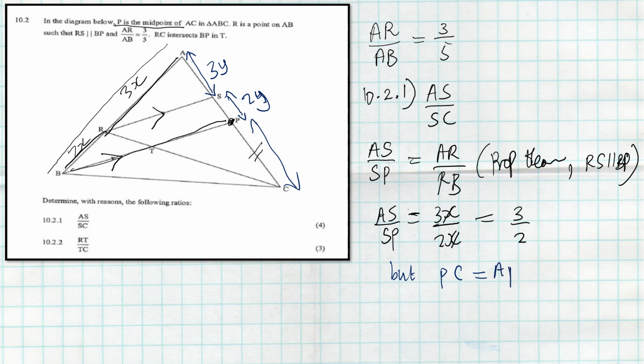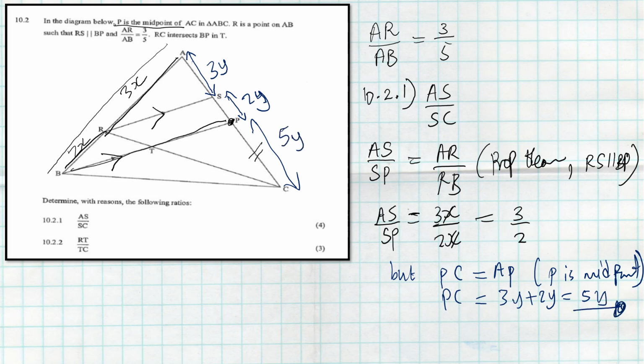To AP, because P is the midpoint of the line there. So PC will be equal to AP, and our AP is what? Is 3y plus 2y, which is equal to 5y. Can you see? So our PC is just going to be 5y there.